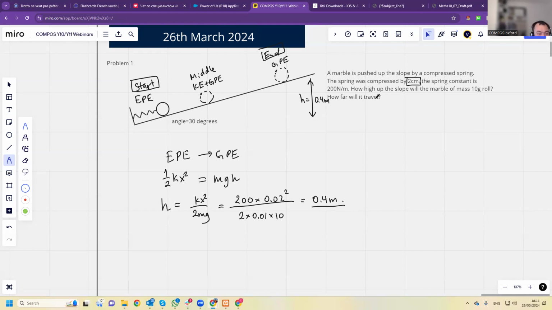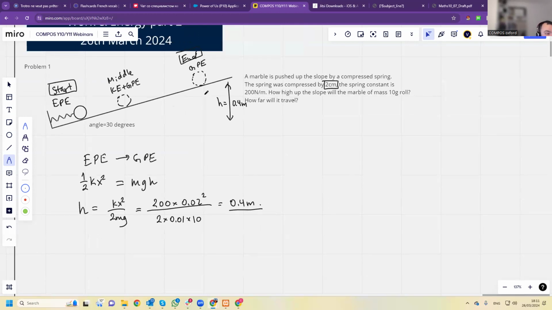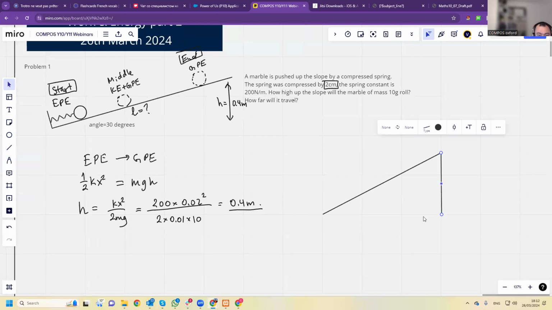How far will it travel? How far along the slope? Let's call it L. How would you work out L if you know height? Height is 0.4 meters.